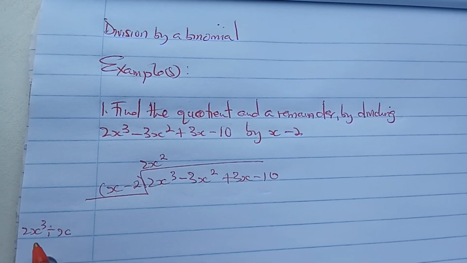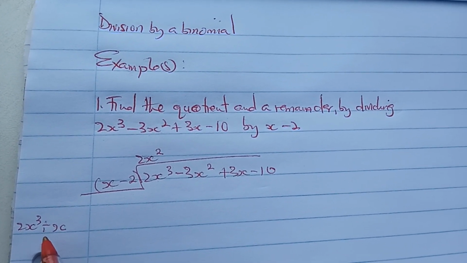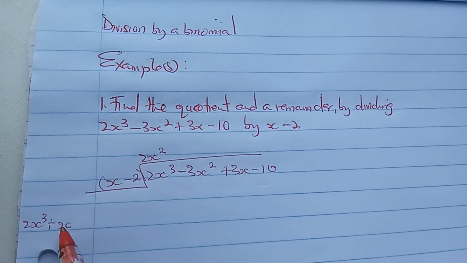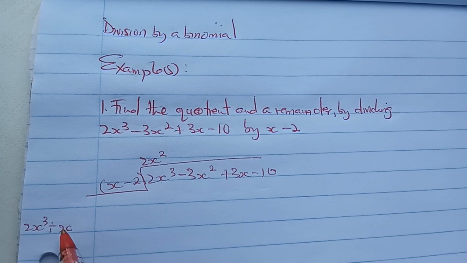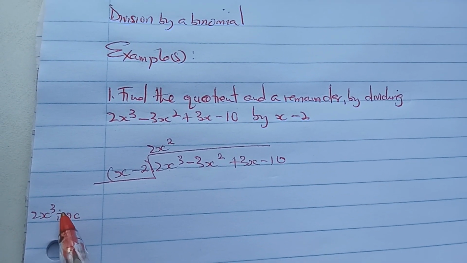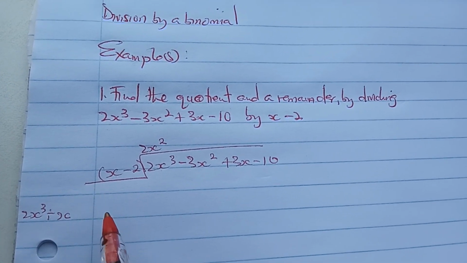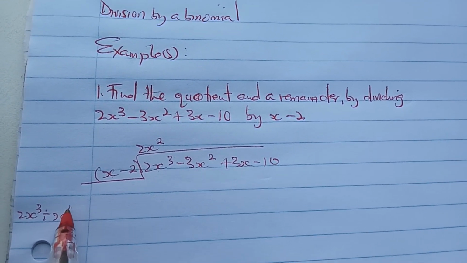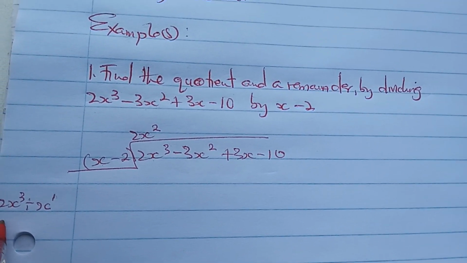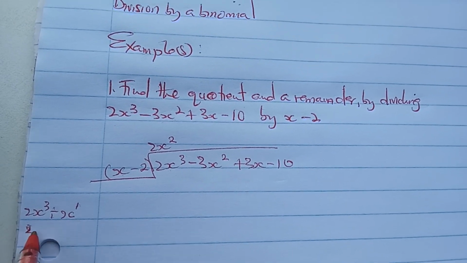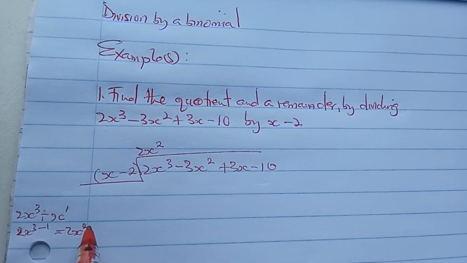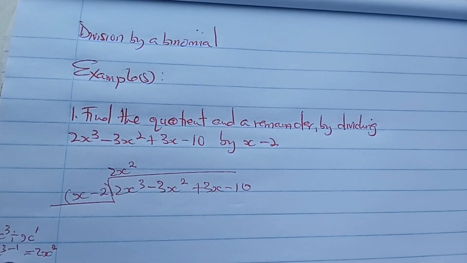Now let me take you back to the laws of indices, whereby when there is a division sign, you subtract the powers. And we know exactly that there is a 1 there. So to subtract the powers, we say 2x to the power of 3 minus 1. The answer is 2x to the power of 2. Okay, that is the answer that we got.